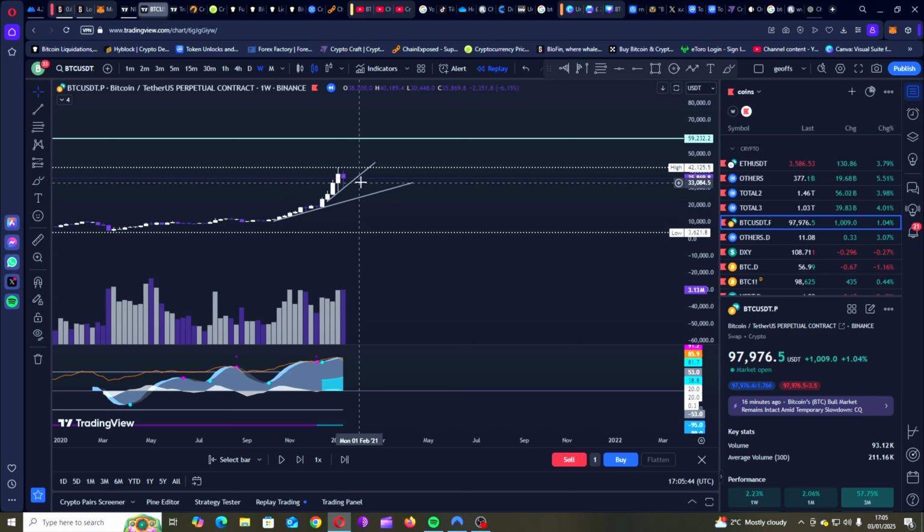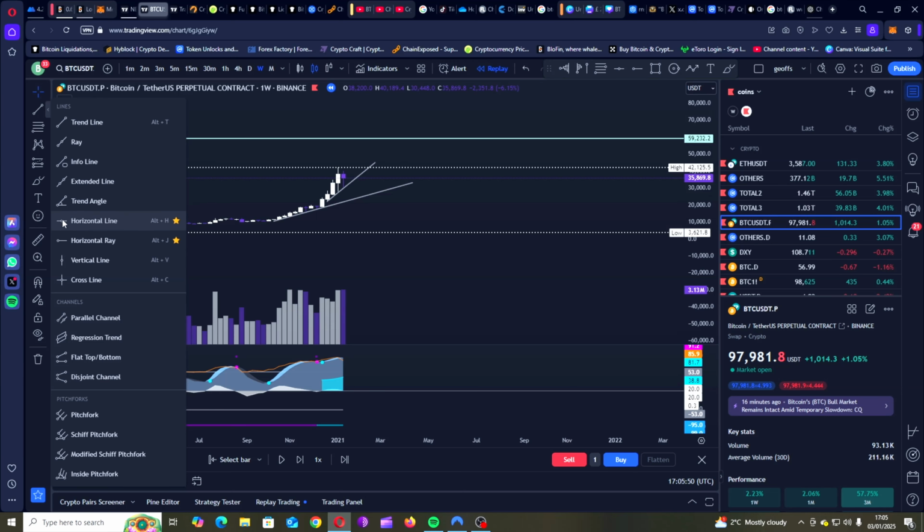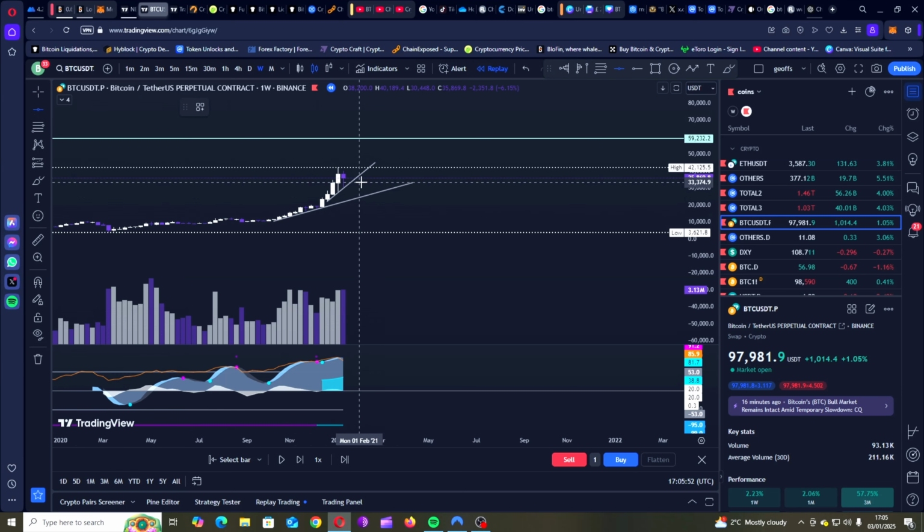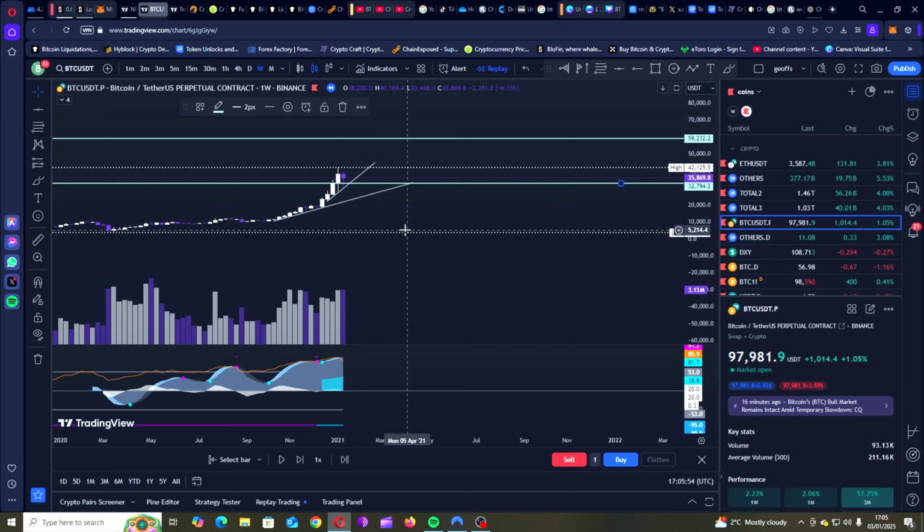You can clearly see here is a supporting area. I've not cherry picked any of this. I just literally randomly came on and did it. So that's your supporting area. You've also got your steep trend line here, and then you've got another really steep trend line there.